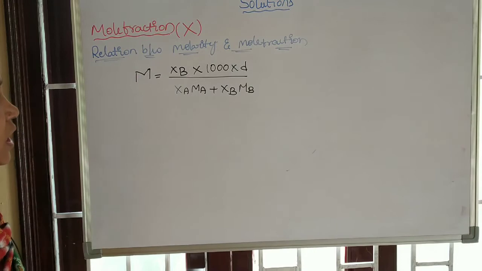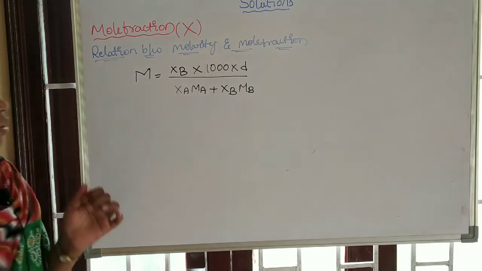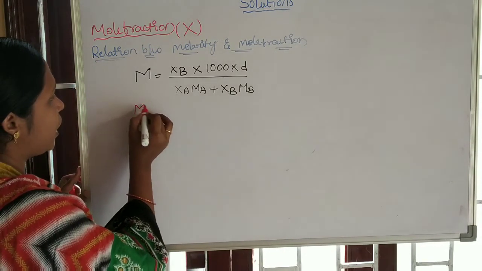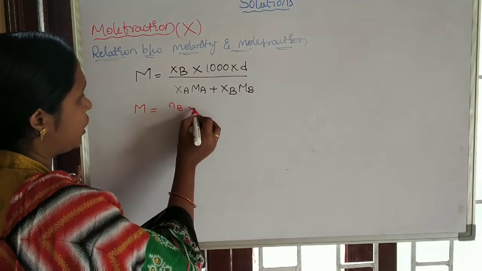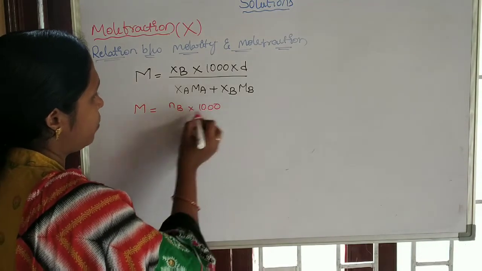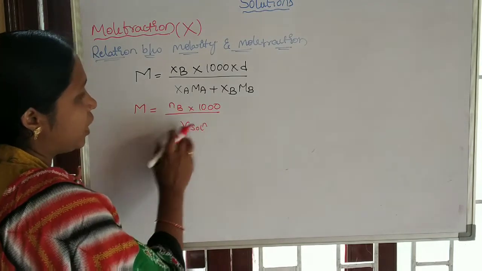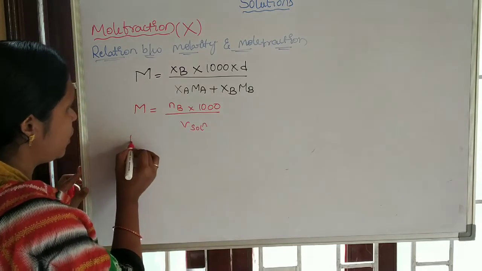Okay. Now we see the derivation for this one. First, take the molarity formula. Molarity equals number of moles of solute into 1000 by volume of solution. The right-hand side of the equation is multiplied and divided by the weight of the solution.